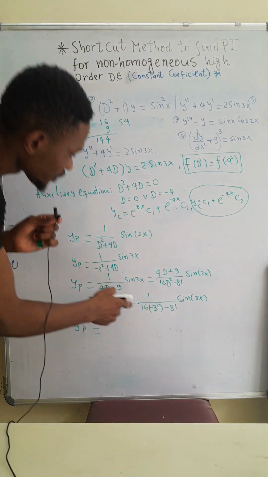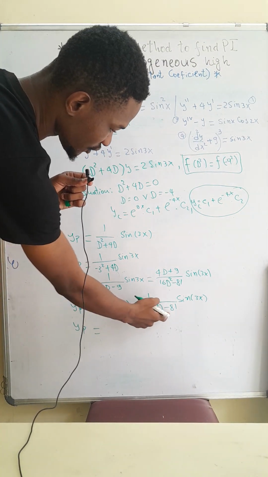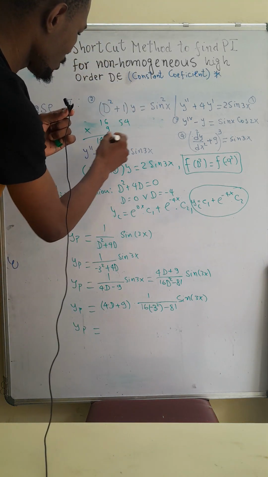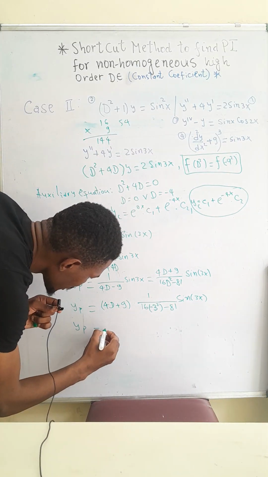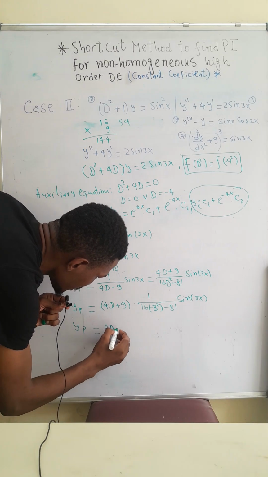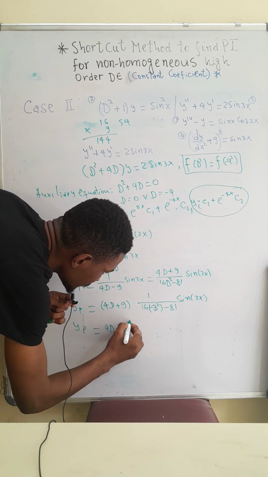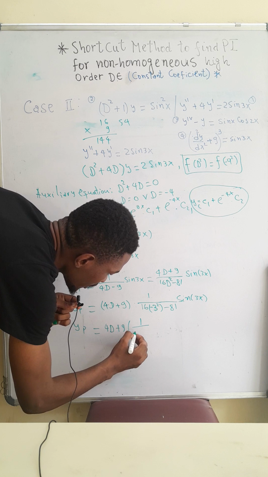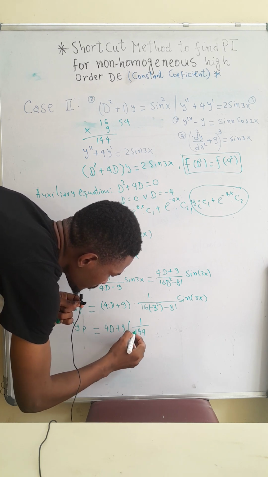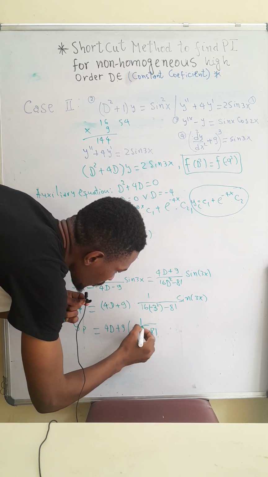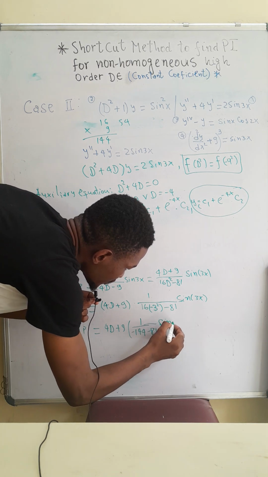So 144, then see here, this will be negative. This will be negative also. So you are going to have something like this, 4d plus 9 times 1 upon 144. It's negative, and this negative 81. And here it is sine 3x.